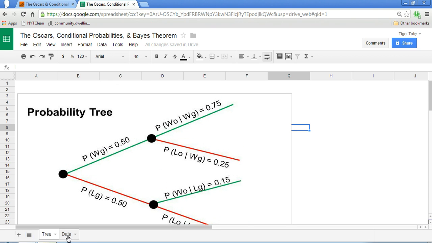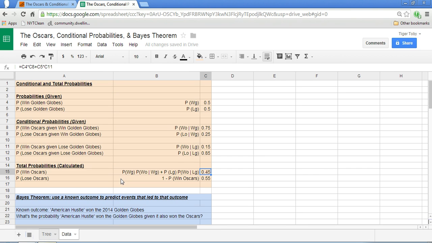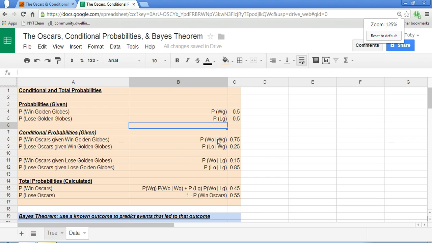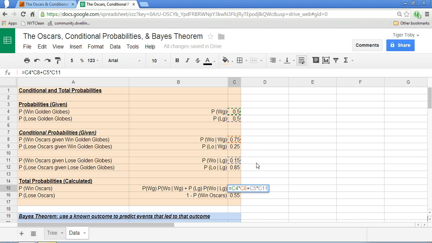Now, if we turn to the data worksheet of our Google Spreadsheet workbook, we have all the figures outlined here. And all these probabilities match what's shown on our probability tree. If we look down here at calculating the total probability of winning the Oscars, I'll show you the formula.